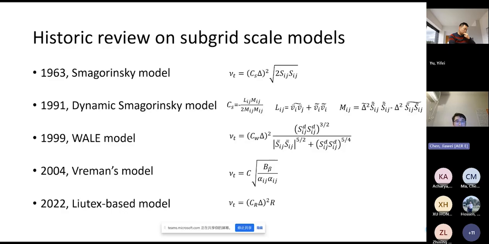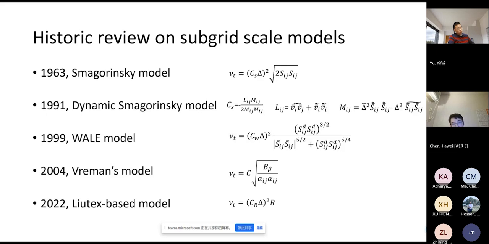Then in 1991, the dynamic subgrid model was proposed. In this model, the model coefficient is not a constant, and this CS can be computed based on the local flow state. Then in 1999, the WALE model was proposed. This model has a constant model coefficient, but the velocity scale is a little bit more complex.